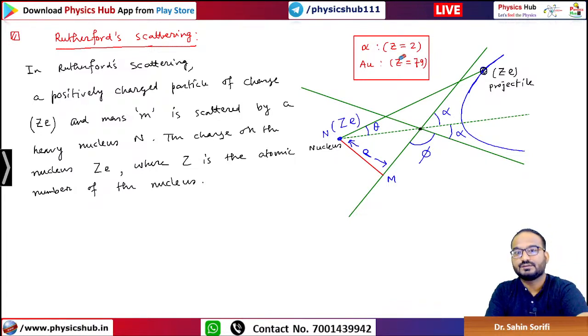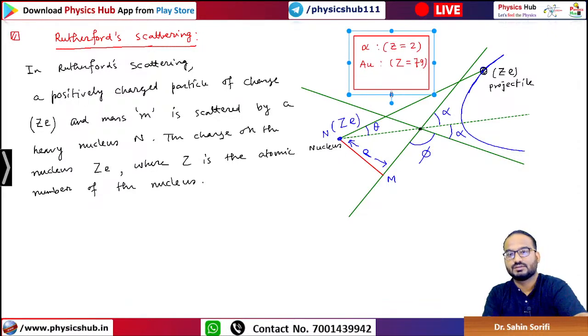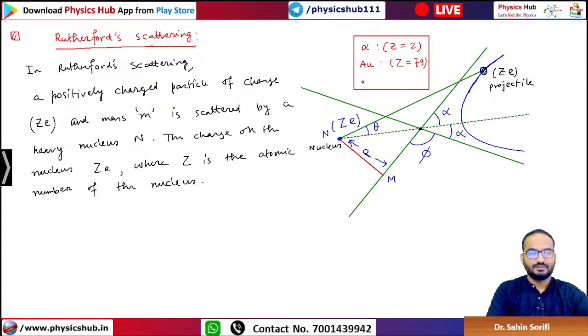Instead of gold, we can also have silver. For silver, the atomic number is 47. In your examination, any of them can be given.